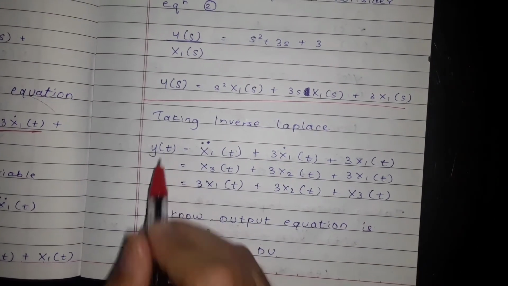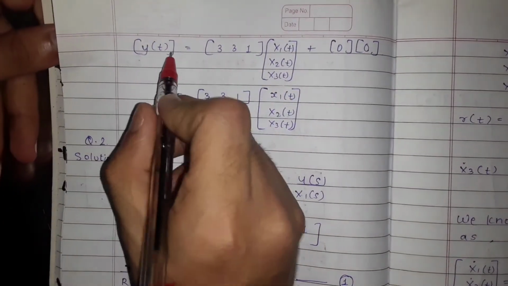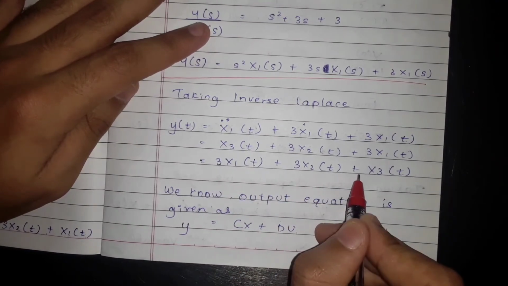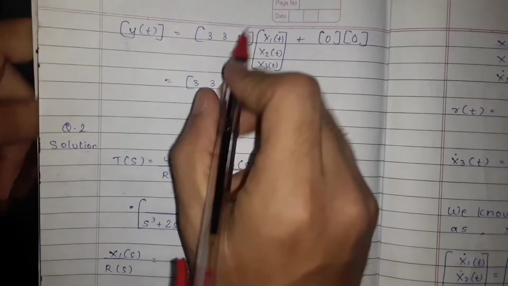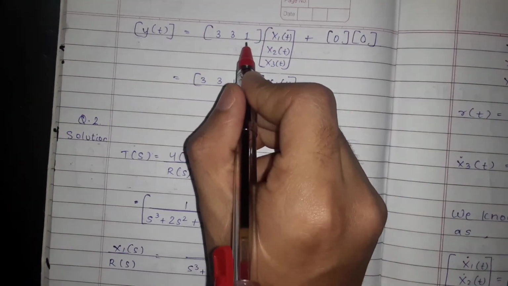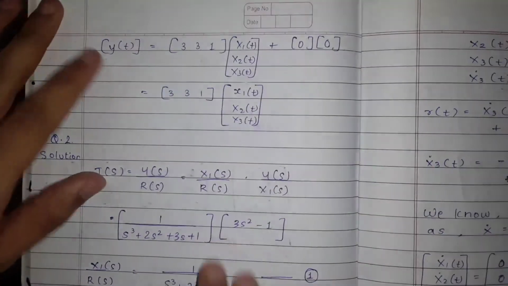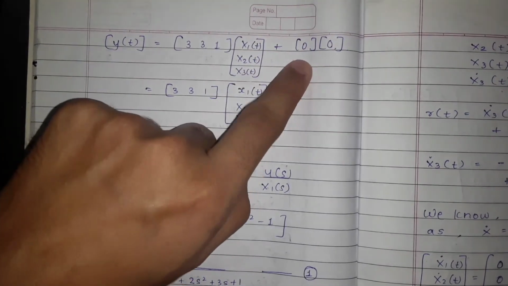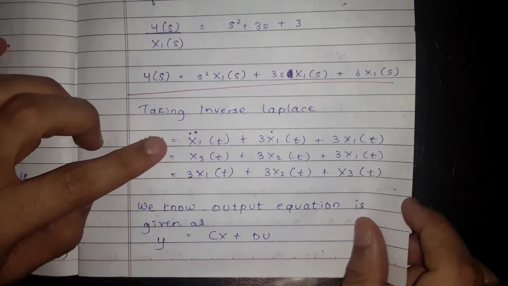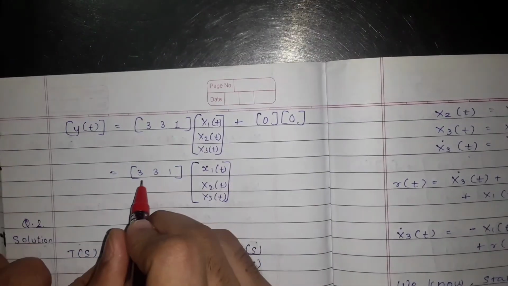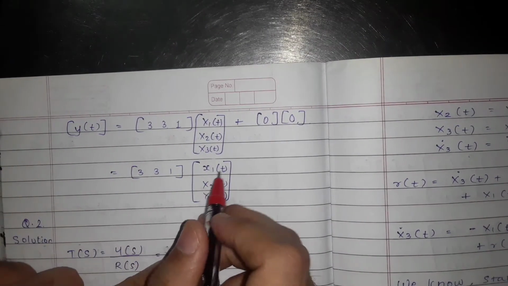So here y(t) is given, we have written 3, 3 and 1, because here 3x1(t) plus 3x2(t) plus 1x3(t). That's why we have written 3, 3 and 1. And here these are the variables. This is the transmission matrix, that is 0 because no transmission matrix is present here, and the input is 0. There is no input for y(t), so we have written 0. So we can write this as 3, 3, 1, and these are the variables. Thank you.